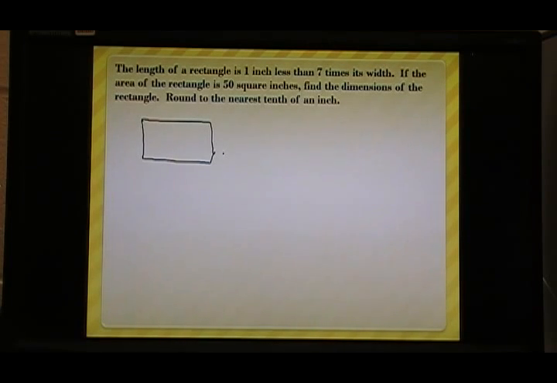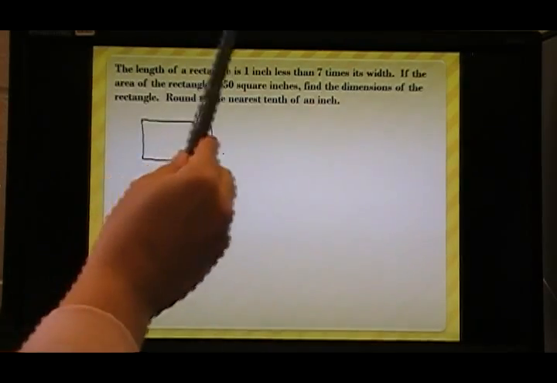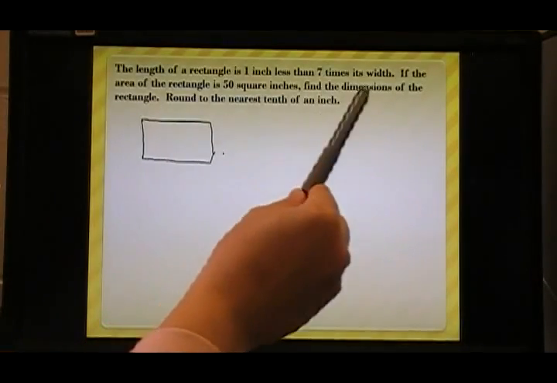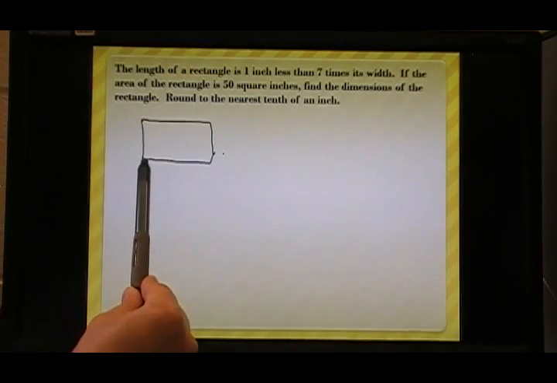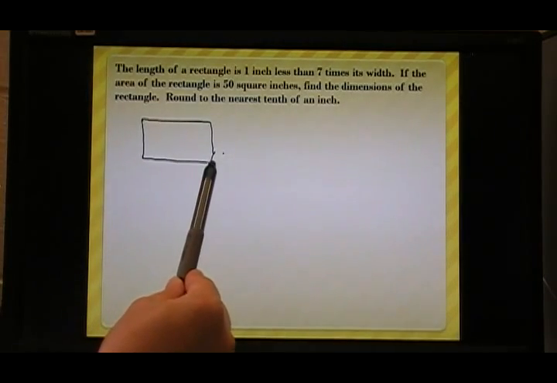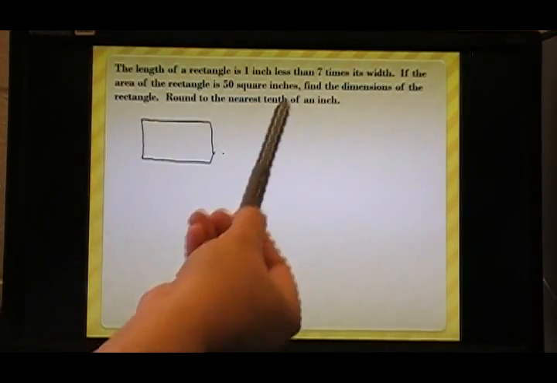I want to write expressions that represent the unknown length and the unknown width. The length, I'm told, is 1 inch less than 7 times the width, so the information about the length is given with respect to the width.